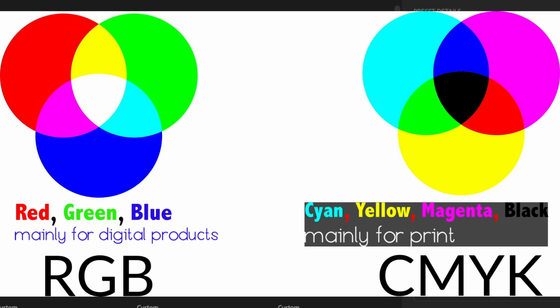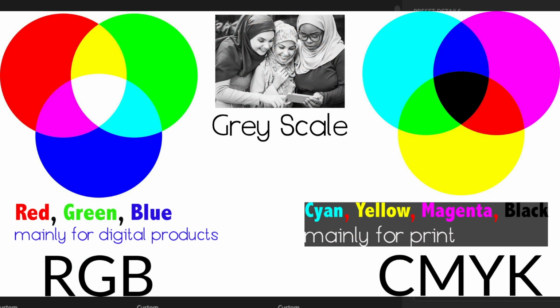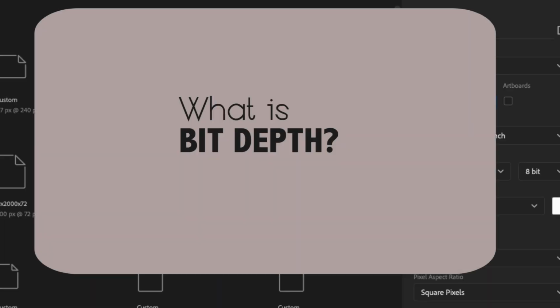This mode is mainly used for print products. That's why you see a lot of ink cartridges with these four colors. Then there's grayscale, which is mostly black and white with several shades of gray, and it really enhances photography. On the preset details, let's start off by selecting RGB.